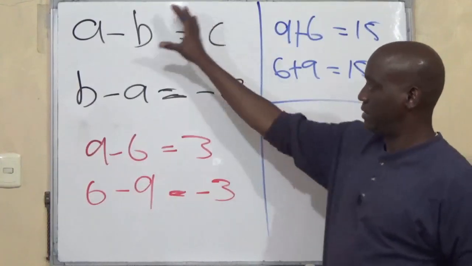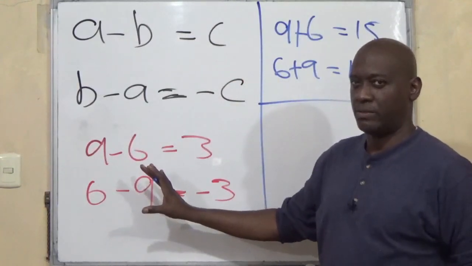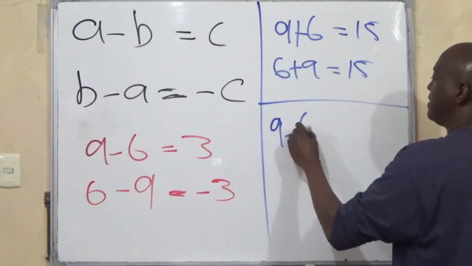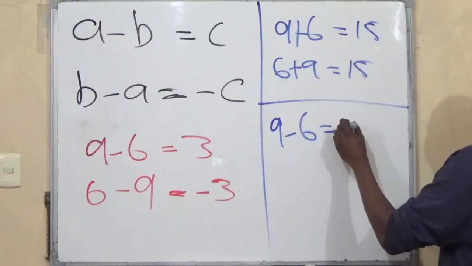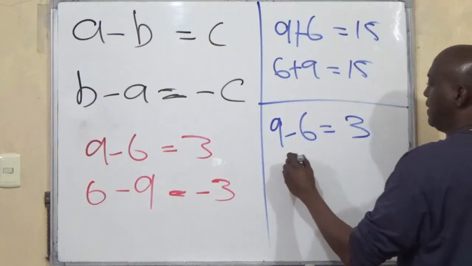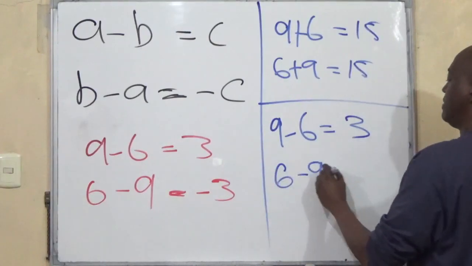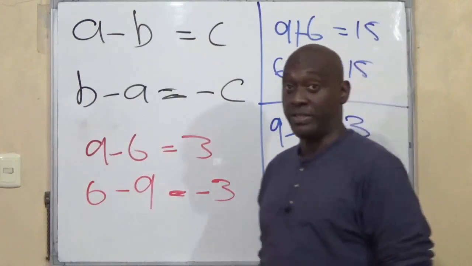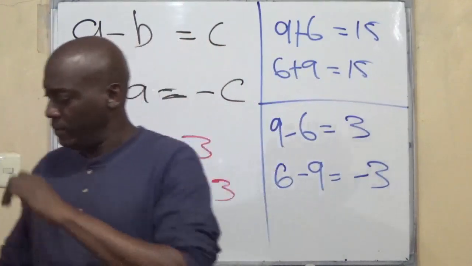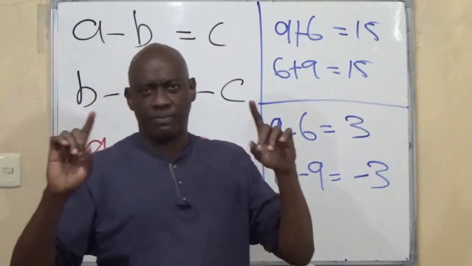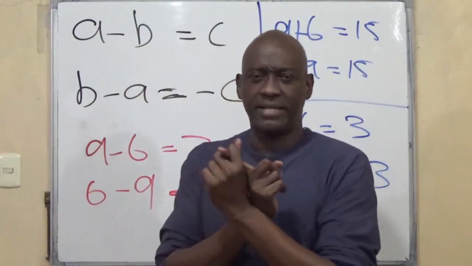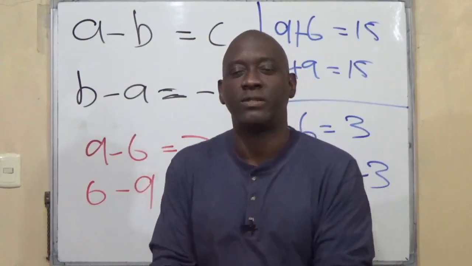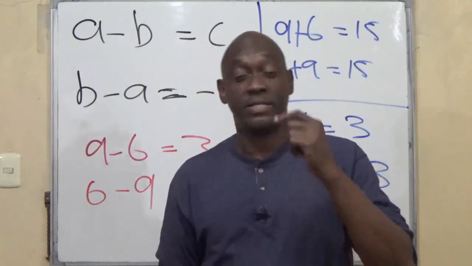But because of what we have over here, 9 minus 6 is plus 3. 6 minus 9 is minus 3. Not commutative. So multiplication is commutative, addition is commutative, subtraction is not commutative, division is not commutative.